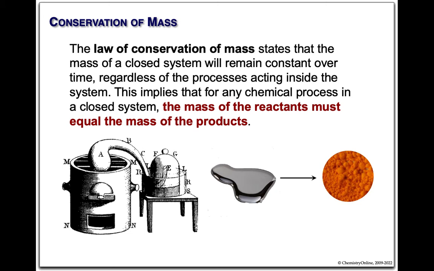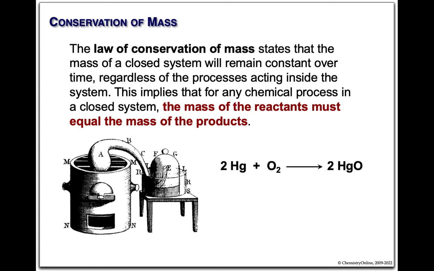He very carefully weighed how much mercury, how much oxygen was consumed, and the mass of this stuff. Then he took this stuff, heated it up, and went back to form mercury. He weighed the mercury, weighed the oxygen that was given off. The equations look like this. Mercury plus oxygen, mercury oxide, mercury oxide plus heat, mercury and oxygen. The conclusion was these were exactly the same.